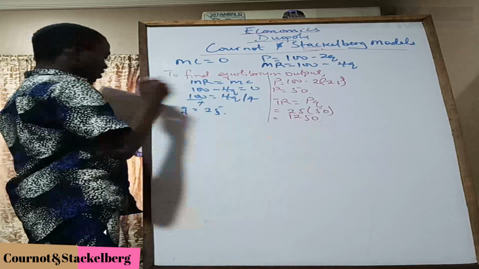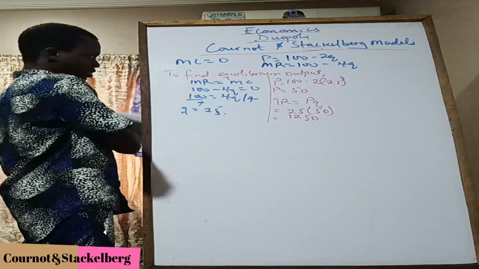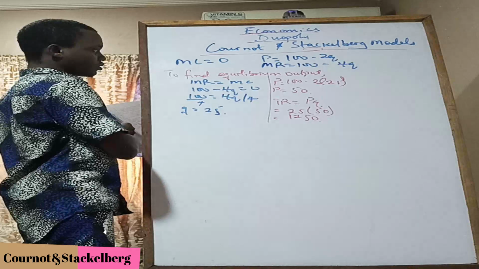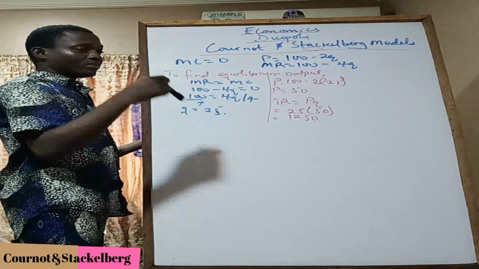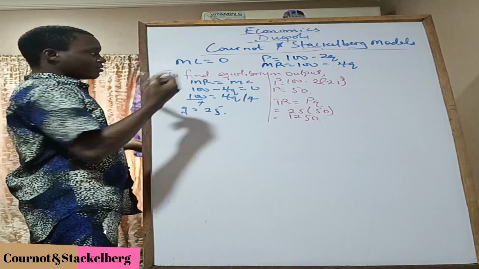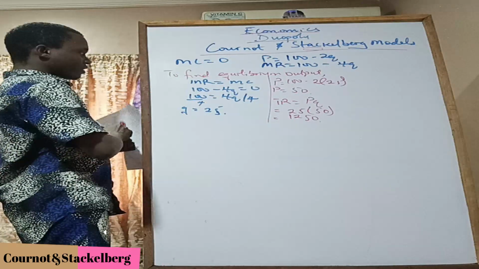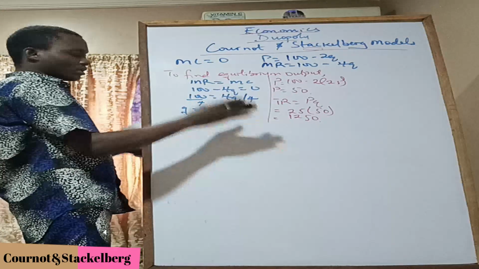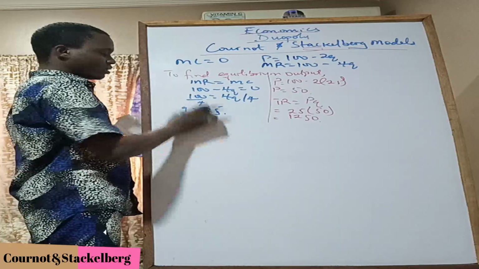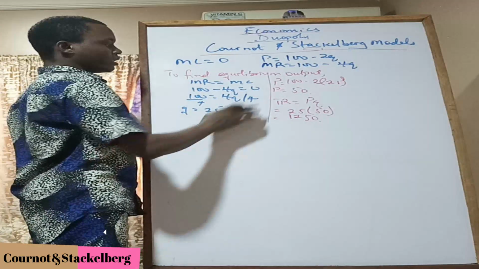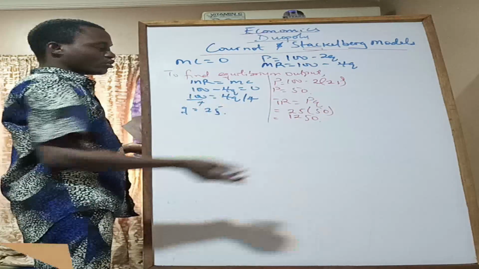That's my total revenue. I can't find my total cost because I don't have variable cost, I don't have fixed cost, and I cannot integrate MC. If I integrate it, I'll still get 0, so it's not a definite number. So when this firm is a monopolist, its quantity is 25, its price is 50, and its total revenue is 1250.